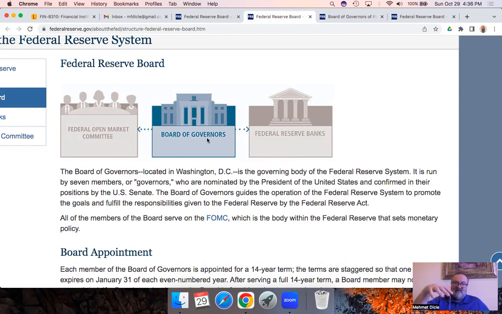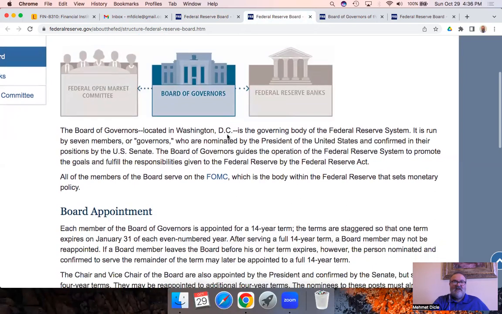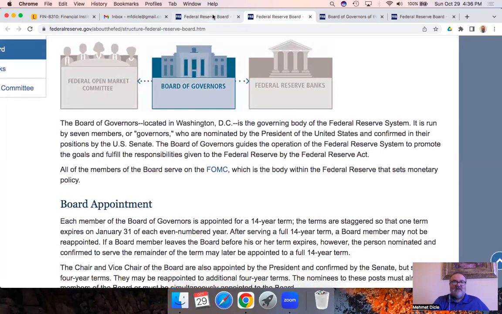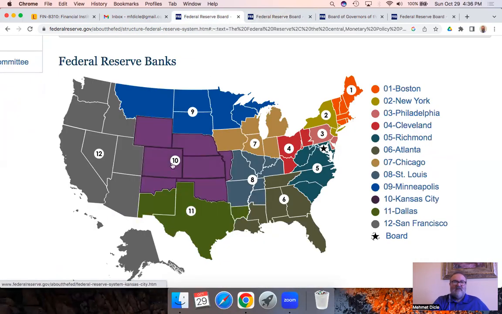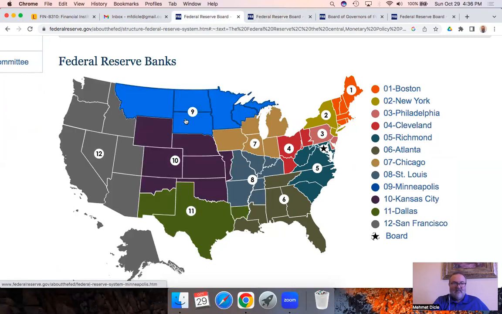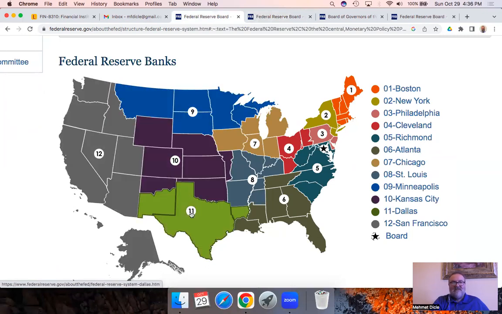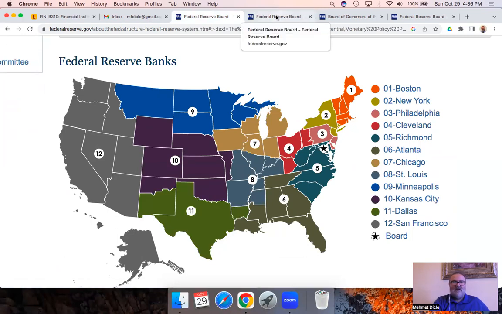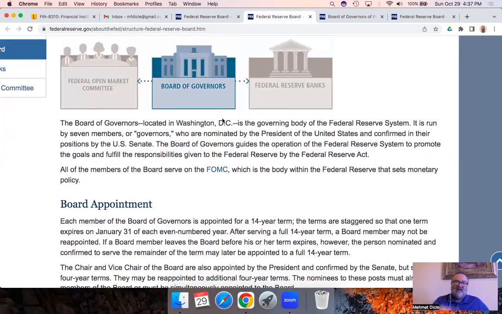And then you have this one great board of directors for the entire holding system. The Board of Governors is like that. The individual areas that we saw here have individual banks with their own management, executives, directors, duties, and specific charges. And then the board is on top of all that and manages the entire system.